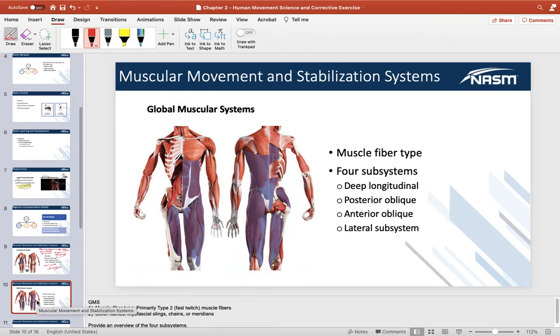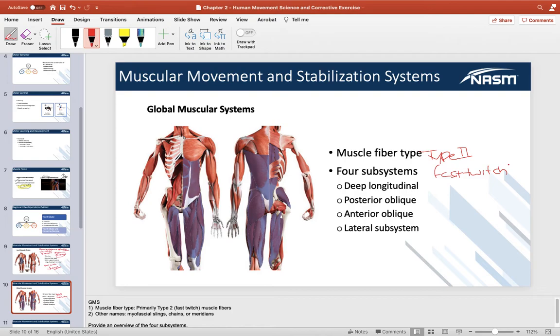Global, on the other hand, and make sure, for your testing, that you understand all of these components here. When we look at the global part of everything, we look at fiber types here. So we'll say type 2, so they are more fast twitch in nature.